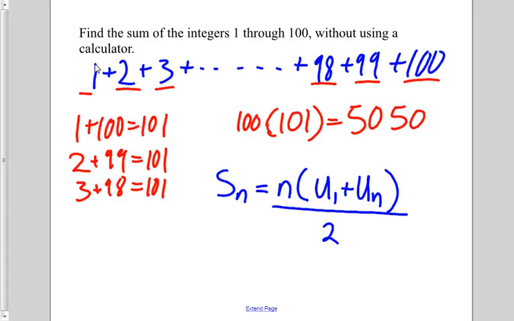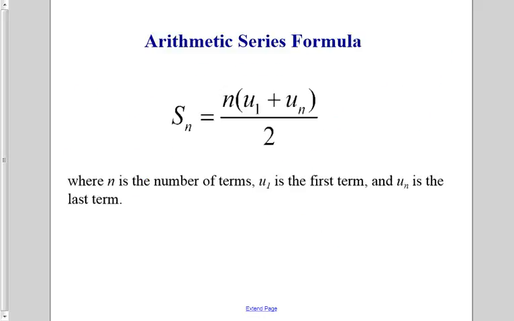He found 101 by adding our first term of 1 to 100, and then he simply divided by 2, and that gave us 5,050. We now know this as the arithmetic series formula, where Sn equals n times u1 plus un, all divided by 2. N in this case is the number of terms, u1 is the first term, and un is the last term.